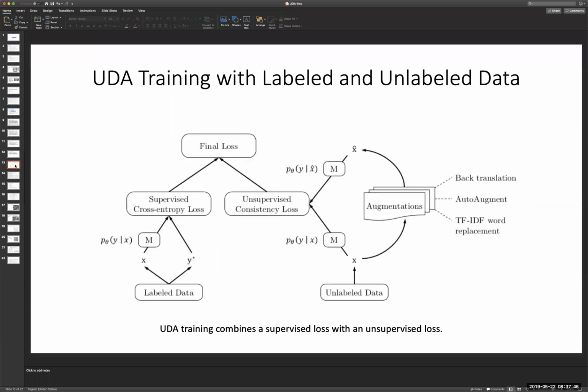So this slide from the paper combines both the labeled aspect of training on the left with the unlabeled aspect of training on the right. I'll go through this in detail, I think it's useful.